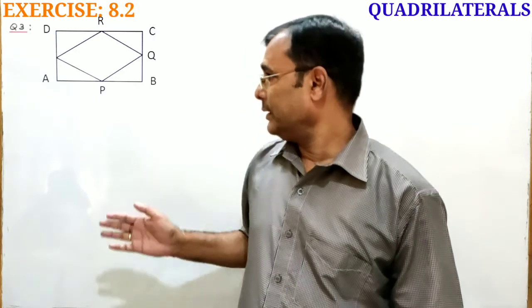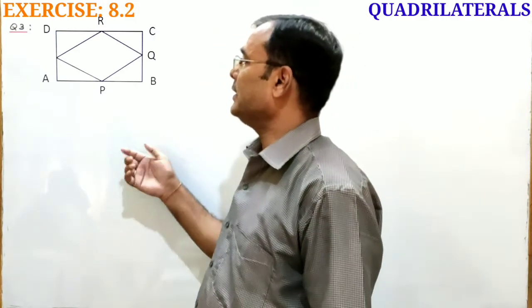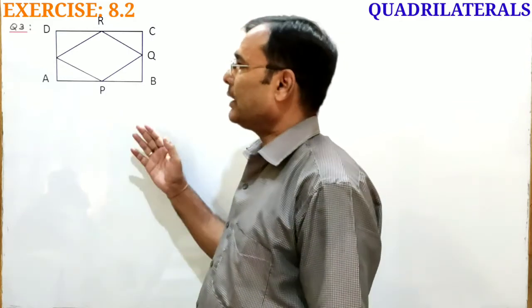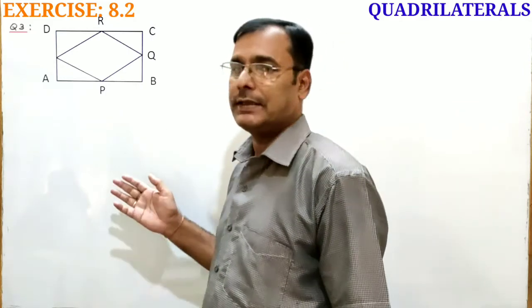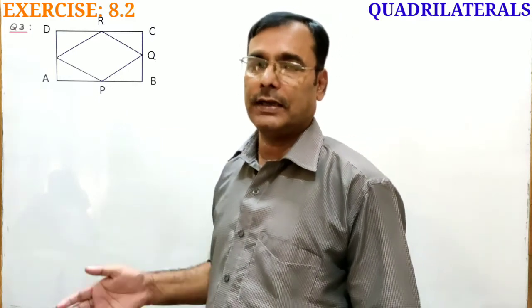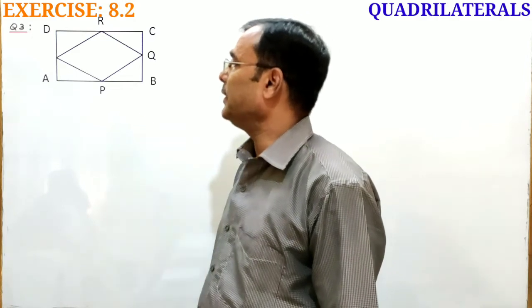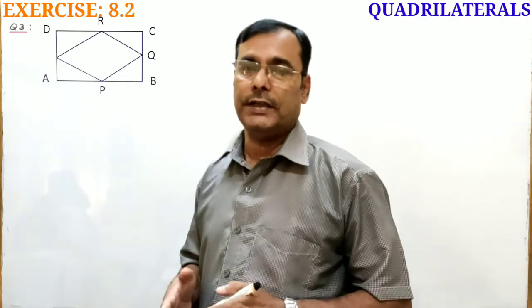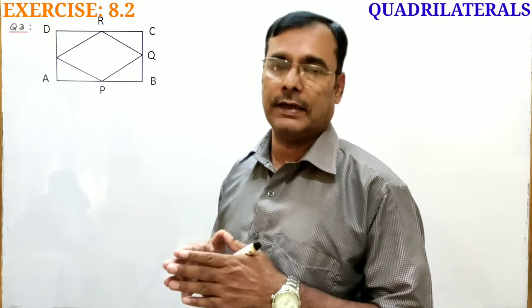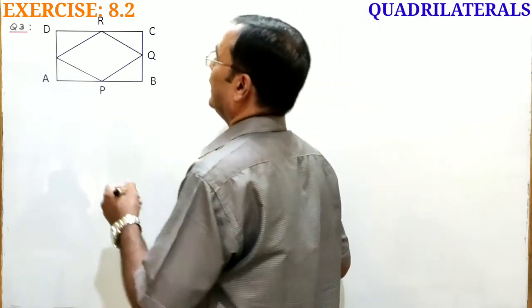To prove this question, we have drawn a figure, and in this figure ABCD is a rectangle. P, Q, R, S are midpoints of four sides AB, BC, CD and DA respectively of rectangle ABCD. We have to prove that this quadrilateral PQRS formed by joining midpoints of four sides of rectangle ABCD is a rhombus. So let us write given.